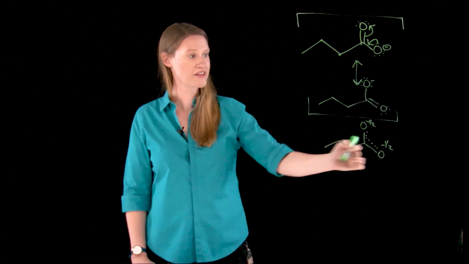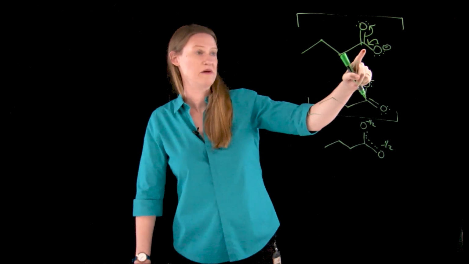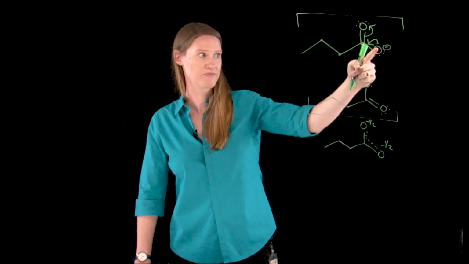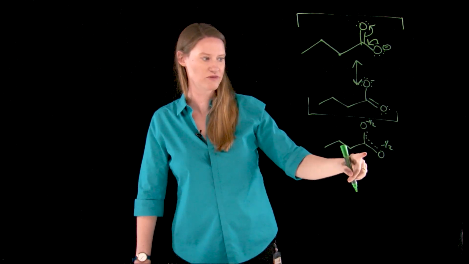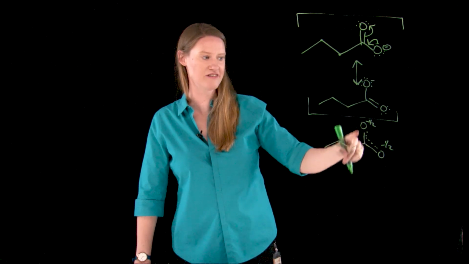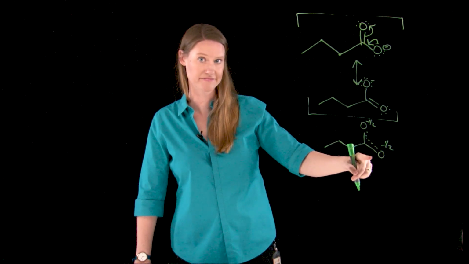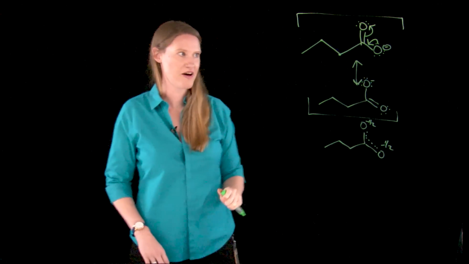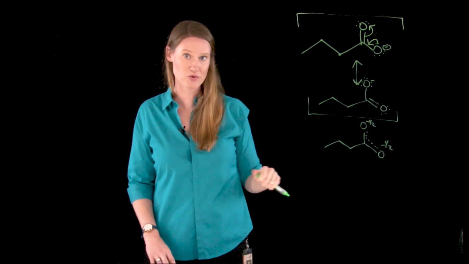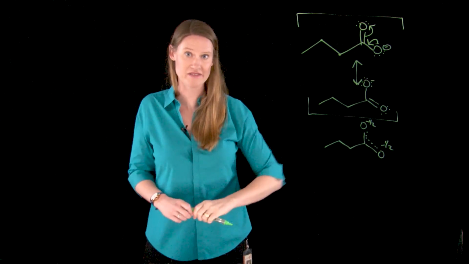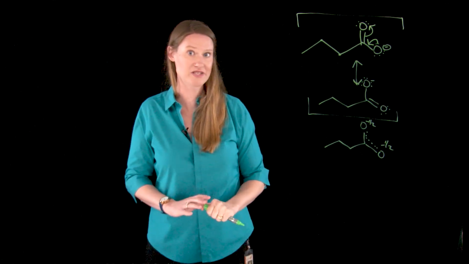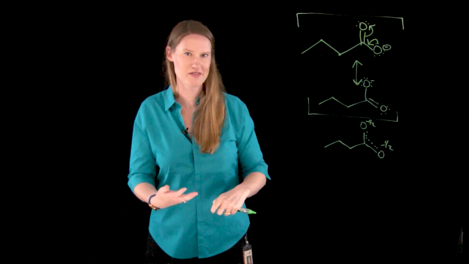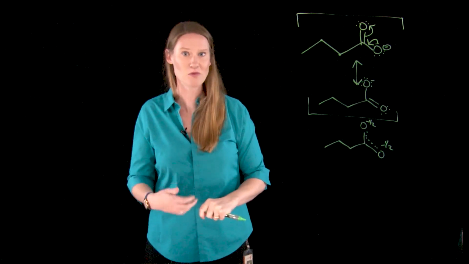Okay, but instead of drawing this, we draw this, and then we expect you to keep in your head that there's a resonance form, and it's going to react in the real world as if it looked something more like this. Okay? And so let's watch a short video about how these electrons move, and what this resonance actually means, and we'll come back to some examples so I can show you how to think about this and in what cases it's going to be the most important for you.